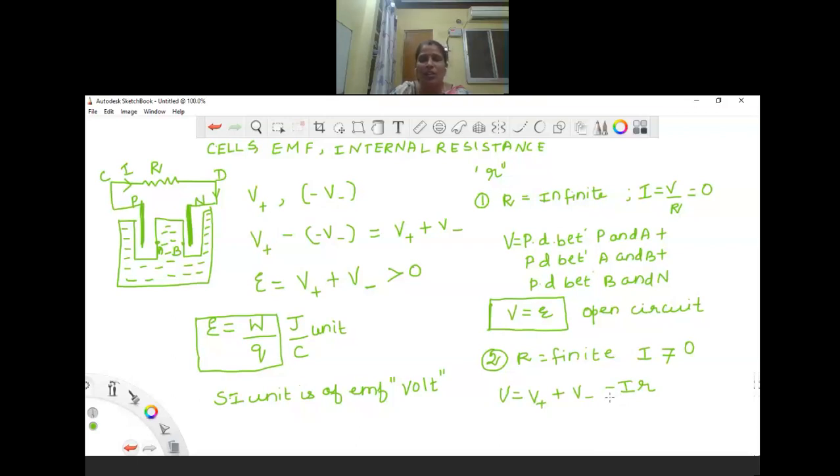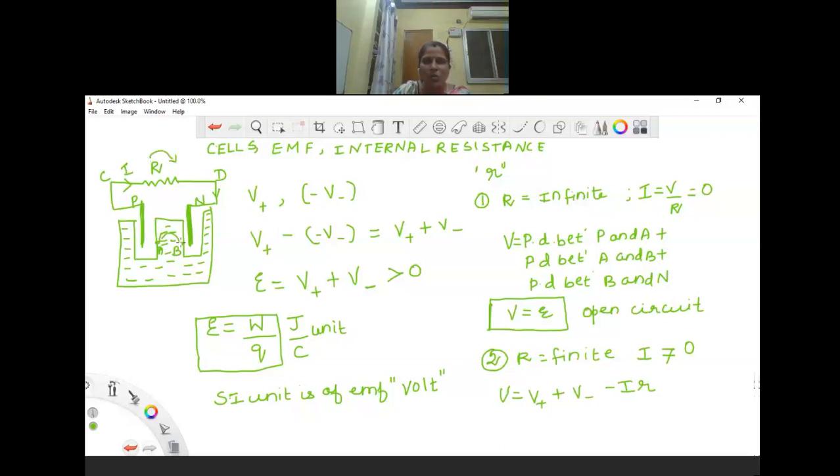What is this IR? This IR is nothing but the potential difference between A and B. Okay. And what is the significance of this negative sign here? I told you in the beginning that inside the cell, the direction of the current is from B to A. But outside it is from like this.